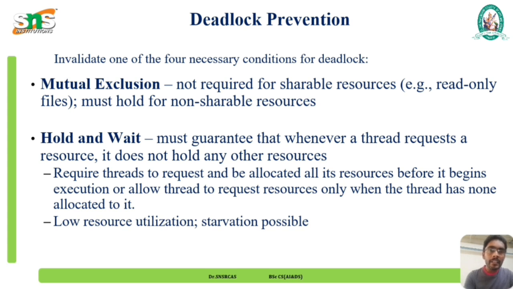So it requires threads to request and be allocated all their resources before execution begins, or allows a thread to request resources only when it has none allocated to it. This means low resource utilization, and it is a starvation policy for deadlock prevention.